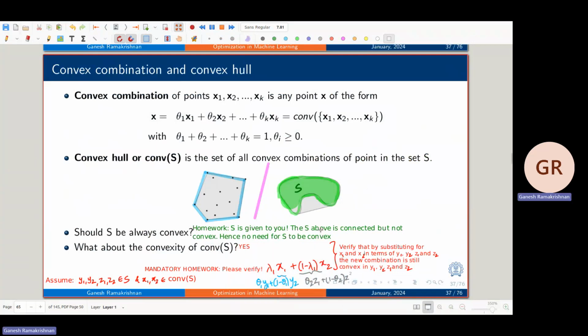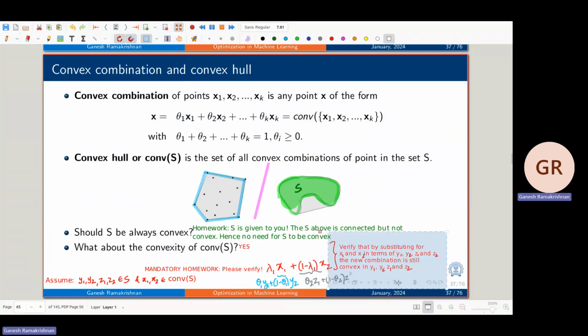If I take any convex combinations of points, lambda 1 x1 plus 1 minus lambda 1 x2. Now let's say this x1 and x2 were not in the original set, but they were in the convex hull. Right, so x1 itself could have been theta 1 y1 plus 1 minus theta 1 y2. X2 itself could have been theta 2 z1 plus 1 minus theta 2 z2.